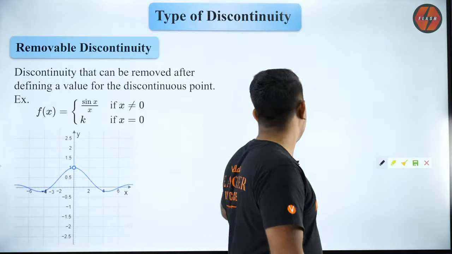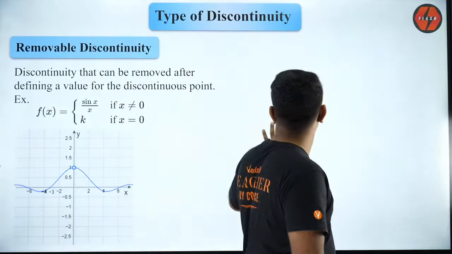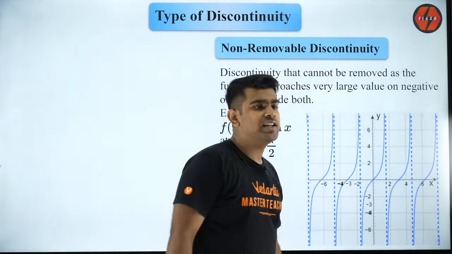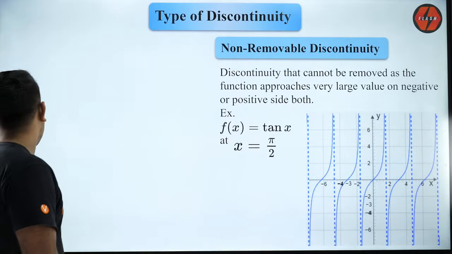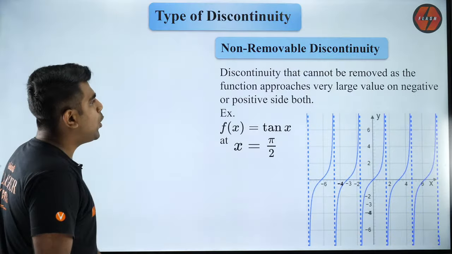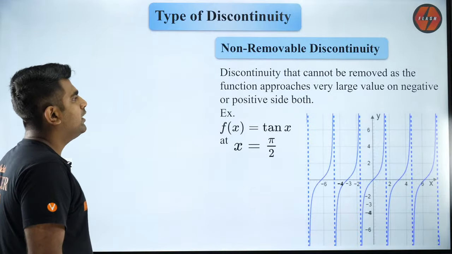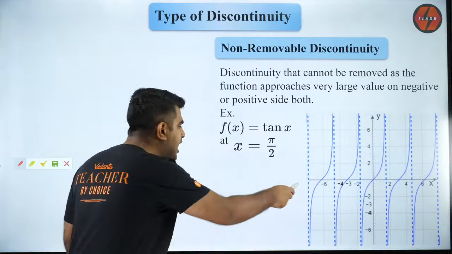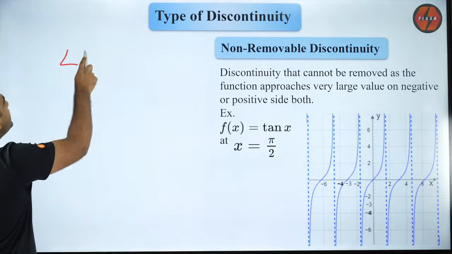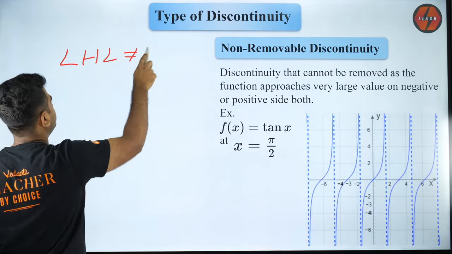The next one which we will talk about is called non-removable discontinuity. When I say non-removable discontinuity, what that means is you cannot remove the discontinuity, because here your left hand limit itself is not equal to right hand limit.